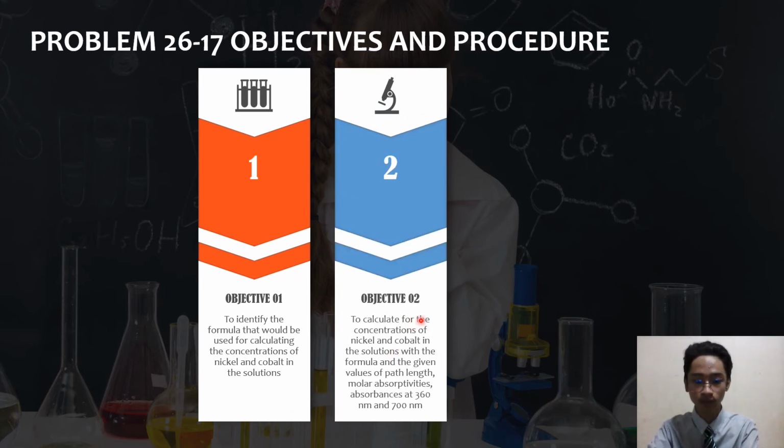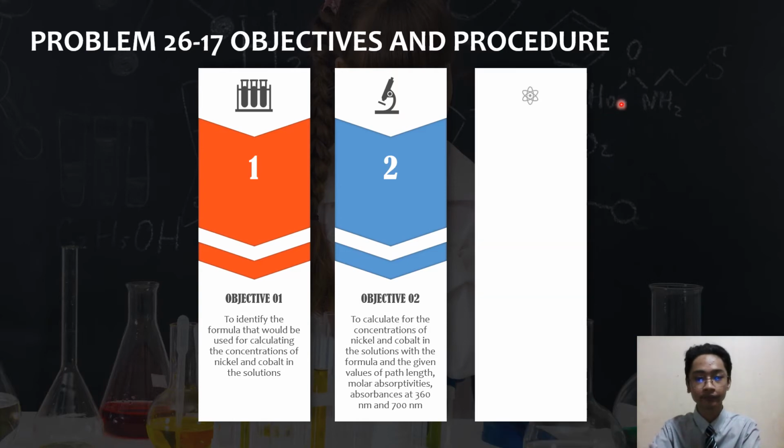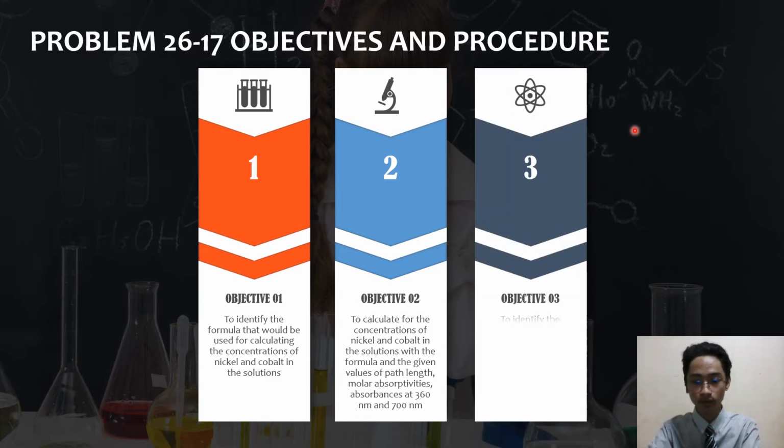Our second objective, to calculate for the concentrations of nickel and cobalt in the solutions with the formula and the given values of path length, molar absorptivities, absorbances at 360 nanometer and 700 nanometer. Third objective is to identify the relationship of concentrations of nickel and cobalt to the absorbance values at 360 nanometer and 700 nanometer.